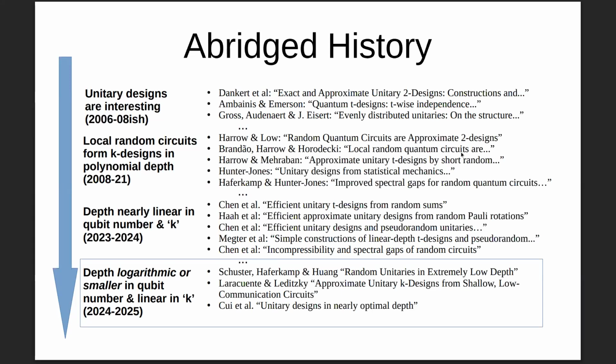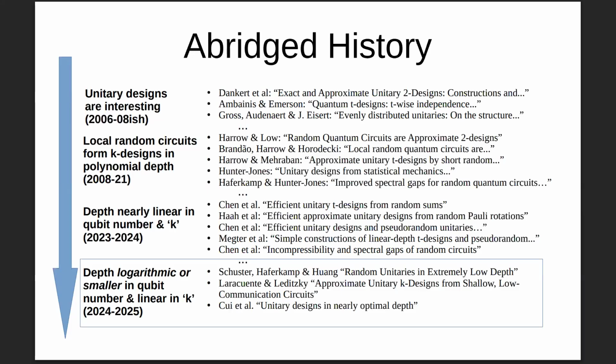And then there was a wave of papers that showed that these are efficient, or at least tractable to construct. So within polynomial depth, you could create ensembles of quantum circuits that would form K designs.